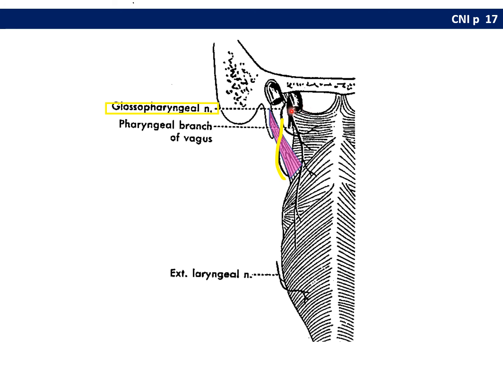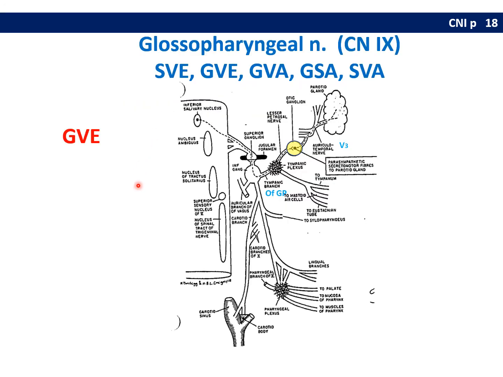And then there's a small branch of vagus. Remember, vagus does the innervation of this pharynx, and glossopharyngeal is responsible for a lot of the sensory, not exclusively, but a large part of the sensory innervation of the internal pharynx.